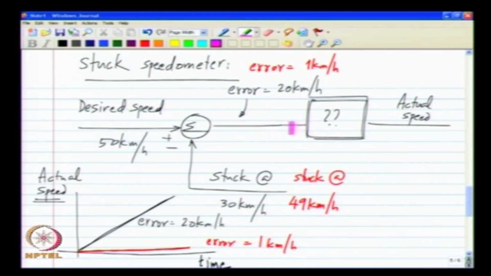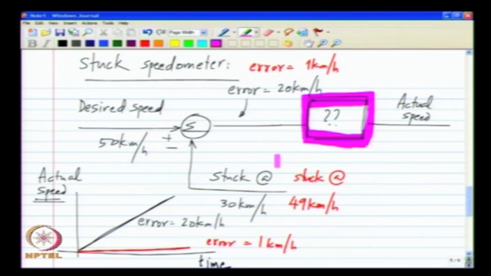So the error, the result of comparison that you are acting on is a constant. So you are basically looking at what you do for a constant input. So this is easier to analyze, and this will give us insights into what kind of system we need to have here so that our negative feedback system works.